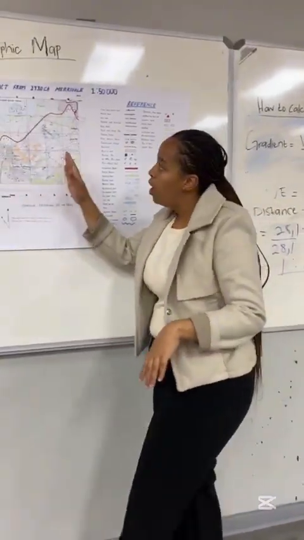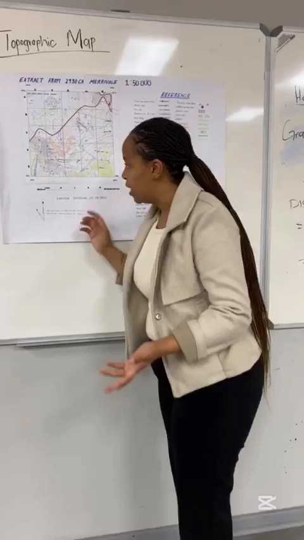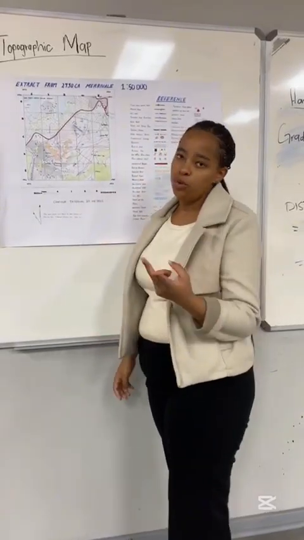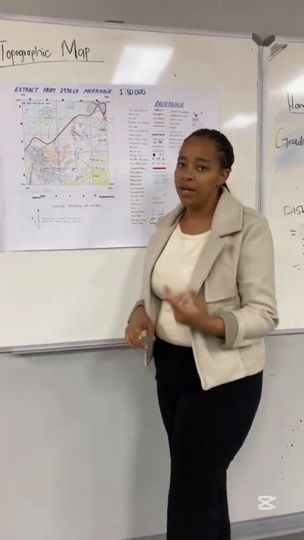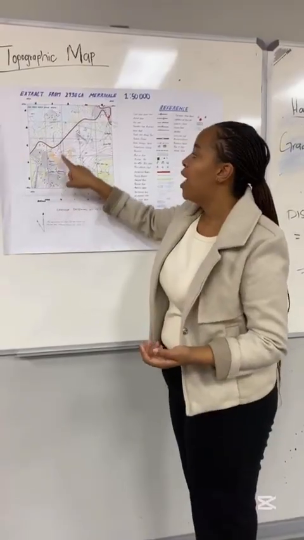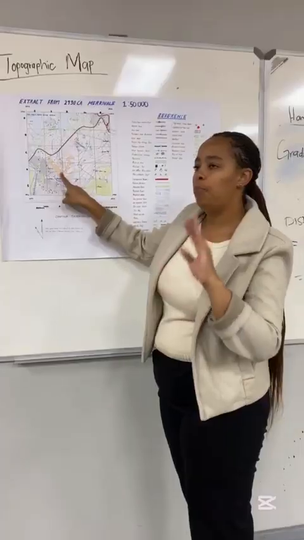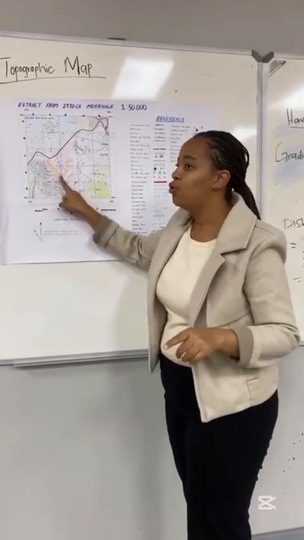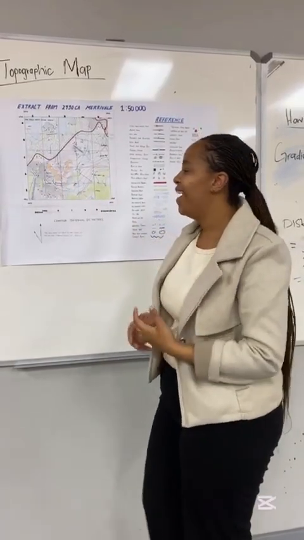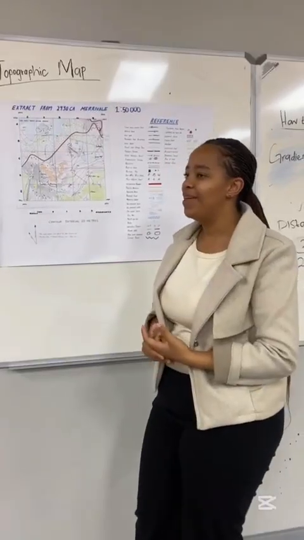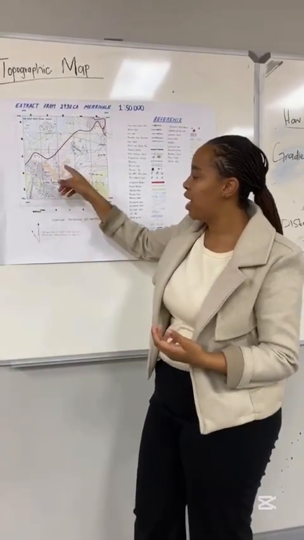On our topographic map today, we only have two types of landforms. We have a flat top hill and a pointed hill at the top. We can identify them by reading our contour lines.